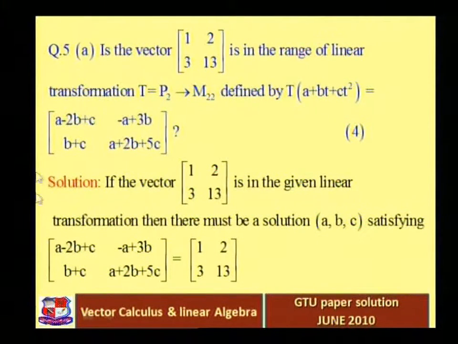So now we want to check whether this vector is in the range of the linear transformation or not, right? If this vector is in the range of the linear transformation, that means for some A, B and C, you will get this matrix equal to [1 2; 3 13], correct?